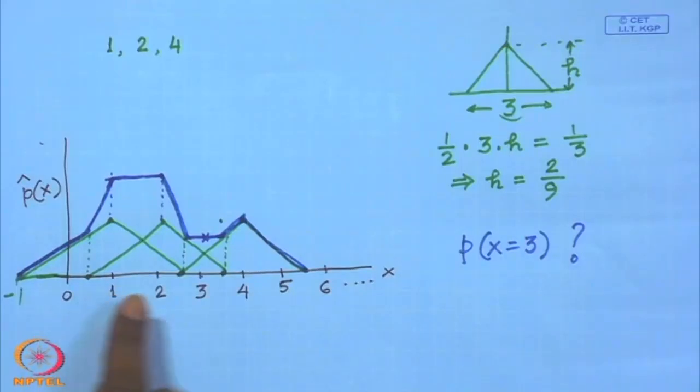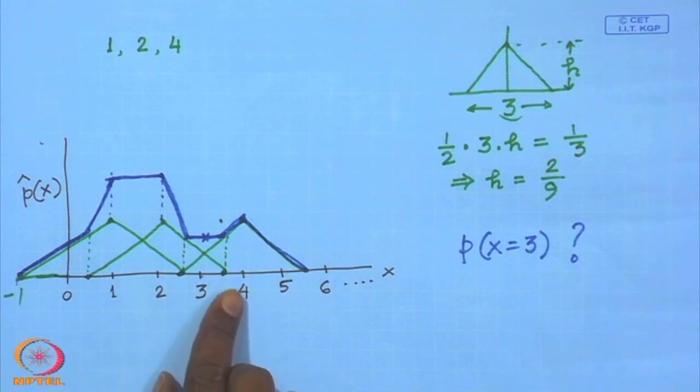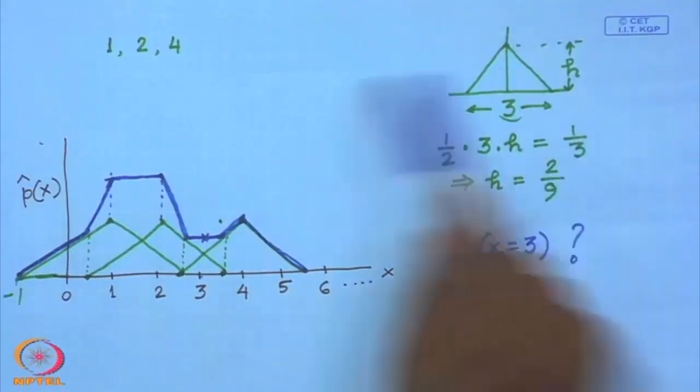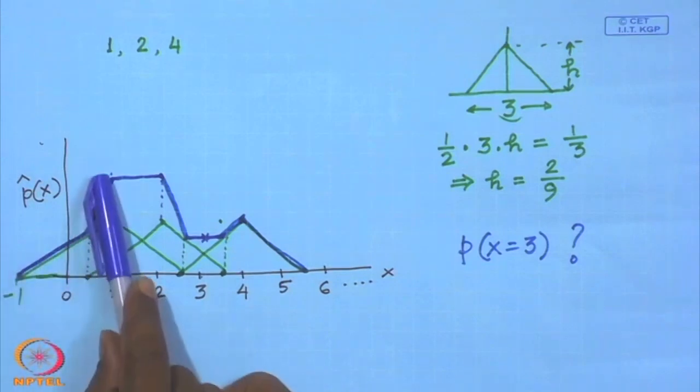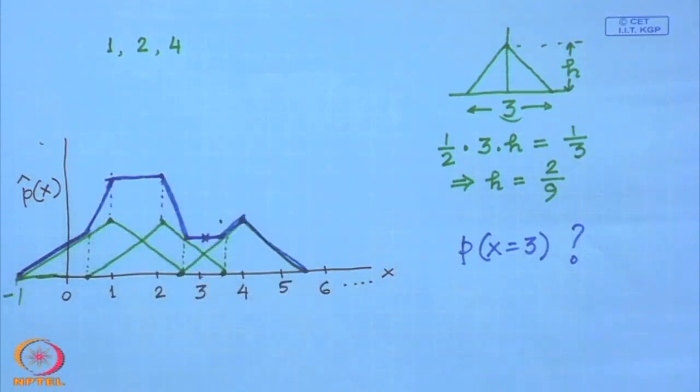One unit pulse at location x equal to 1, one unit pulse at location x equal to 2, and one unit pulse at location x equal to 4. If this pulse train is convolved with my triangular window, where the shape of the triangular window is defined over here, then I will get this same estimated probability density curve. So, this is nothing but a convolution operation.